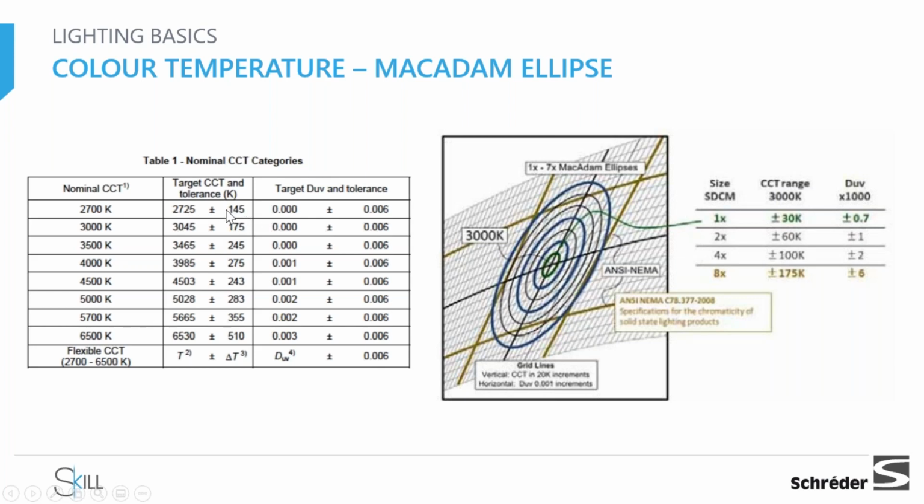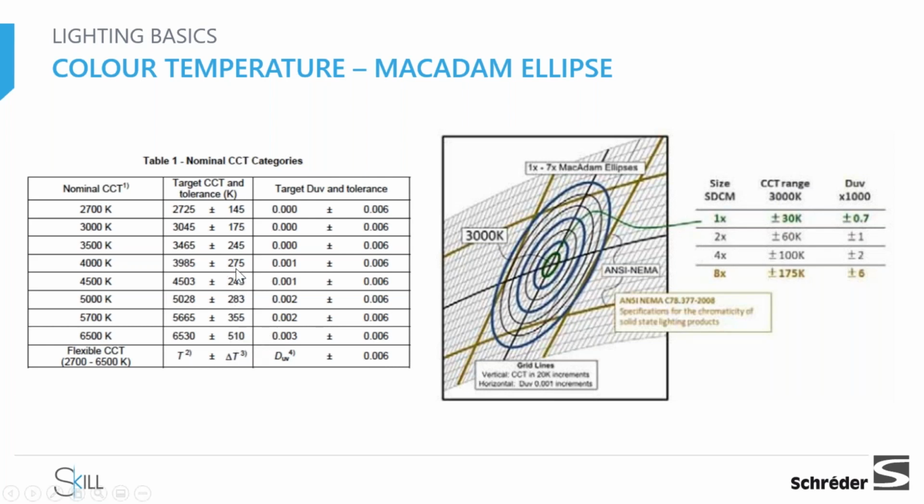So here the delta is 145 at 2700. However, if we go to 6500, the delta increases from 145 to 510. Why is that? Because it is much more difficult for us to distinguish colors in the cool white, and then the ellipse size is greater.